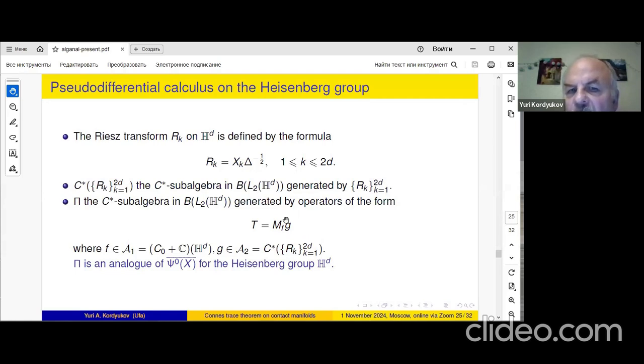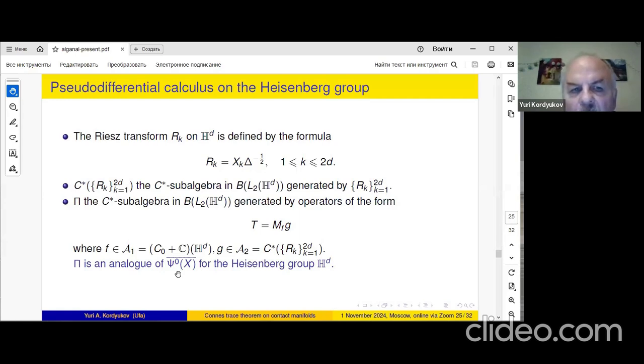And the building blocks for functions of psi are just these Riesz transforms. So we take products of these operators and generate the C-star algebra. And this is a pseudodifferential calculus on the Heisenberg group. This is an analog of this closure of psi naught for the Heisenberg group.